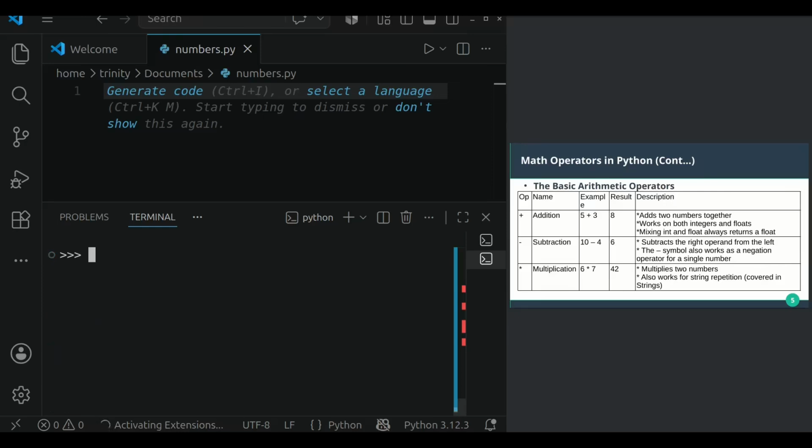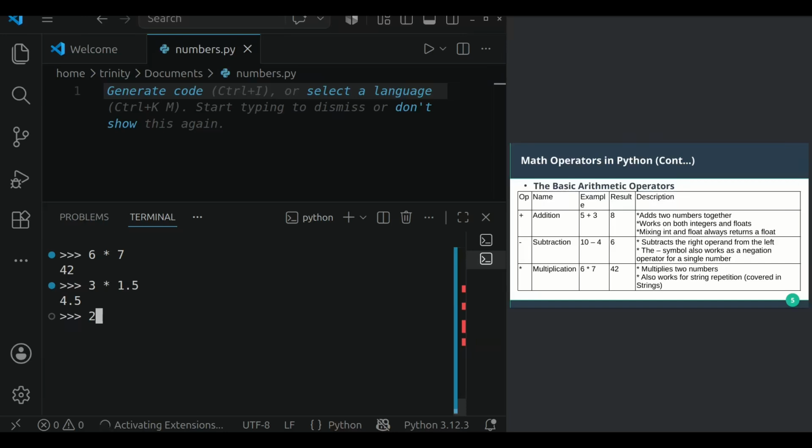The multiplication operator multiplies two numbers. It also works for string repetition, but in this class we are not going to talk about strings. We're going to cover that in a subsequent lesson when we get to that. You can multiply two numbers such as 6 multiplied by 7, which gives us 42. We can also multiply mixed numbers such as 3 multiplied by 1.5, that will give us 4.5.